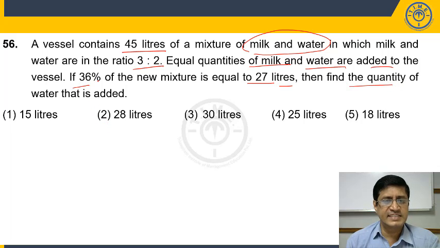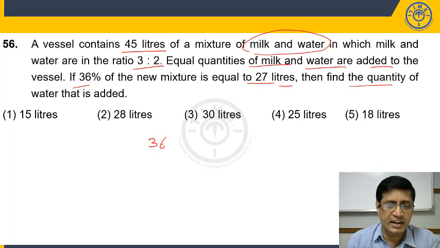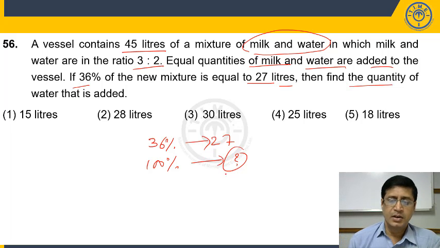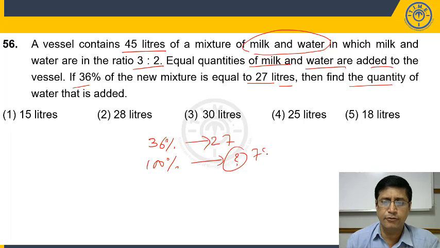So 36% of the new mixture is equal to 27 liters. Then what is the new mixture quantity? The new mixture quantity is 100%, equal to question mark. By cross multiplication, you will get 75 liters.